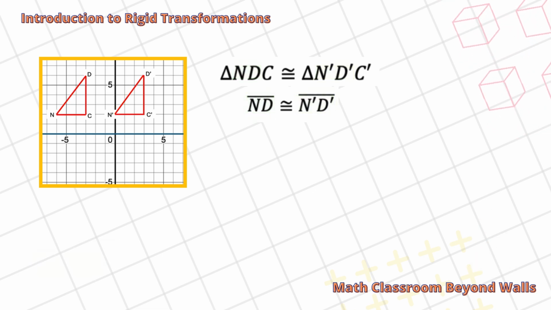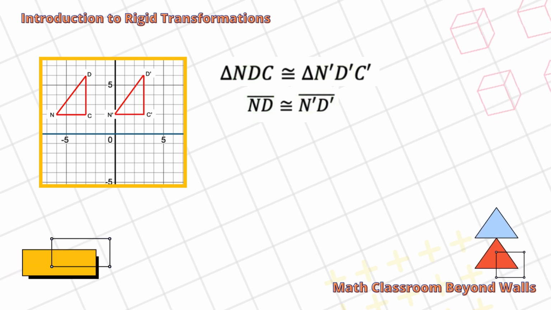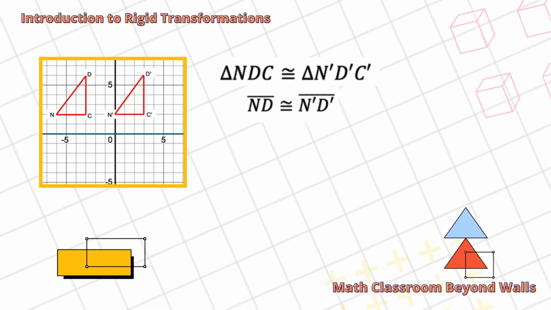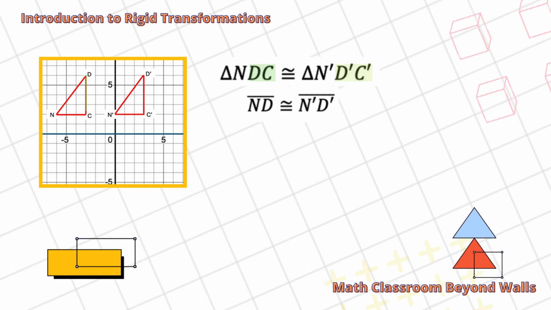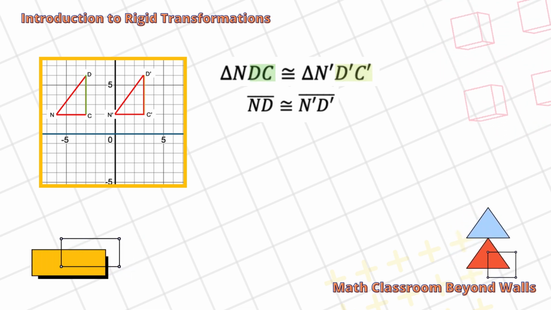Can you tell us now the other pair of corresponding sides that are congruent? Yes, side DC and side D prime C prime are corresponding sides and are congruent. D and C are the second and the third letters of the pre-image, and D prime C prime are likewise the second and the third letters of the image.